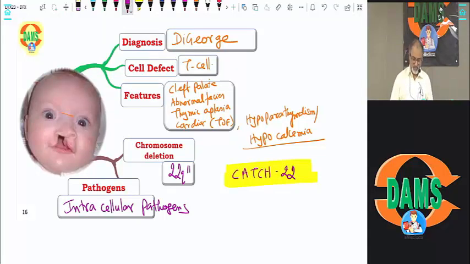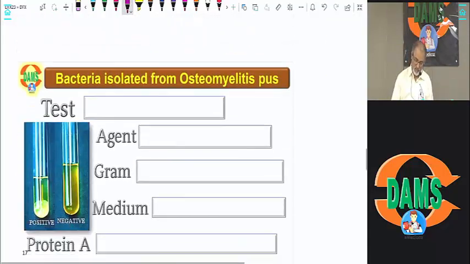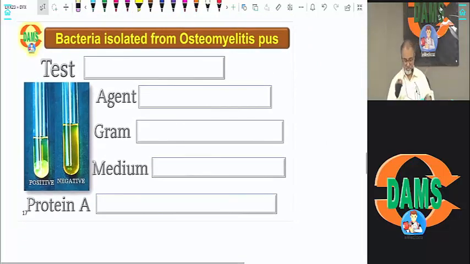Okay, next is bacteria isolated from osteomyelitis pus. Which is the most common cause of osteomyelitis? If you know this, Staph aureus, keep it in your mind. So, most common cause of osteomyelitis overall, Staph aureus. So, the bacteria isolated.